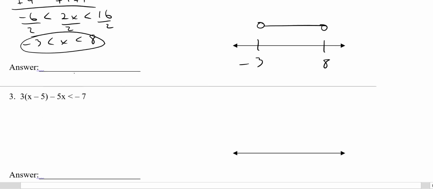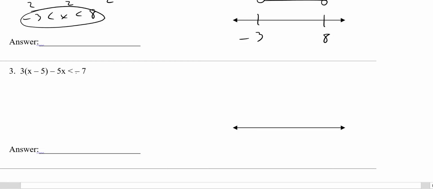Okay, the next one, you need to understand, this is not a between or an or problem or anything. This is literally just solving an inequality problem. So there's no looking where the line starts. I mean, this is literally 3 times x is 3x minus 15 minus 5x is less than negative 7. Okay, combine like terms, I get negative 2x minus 15 is less than negative 7, and I add 15 to both sides.